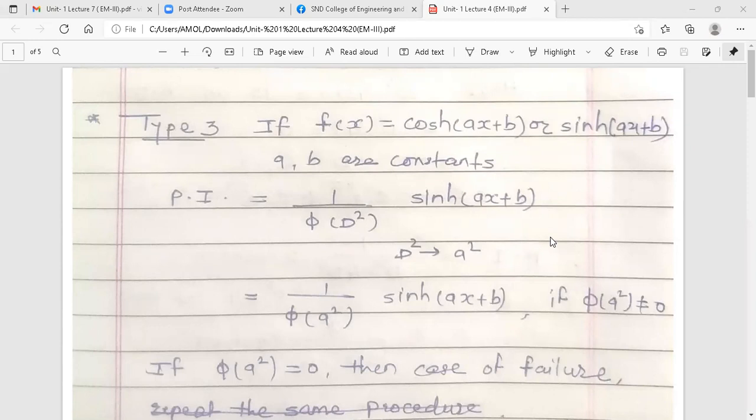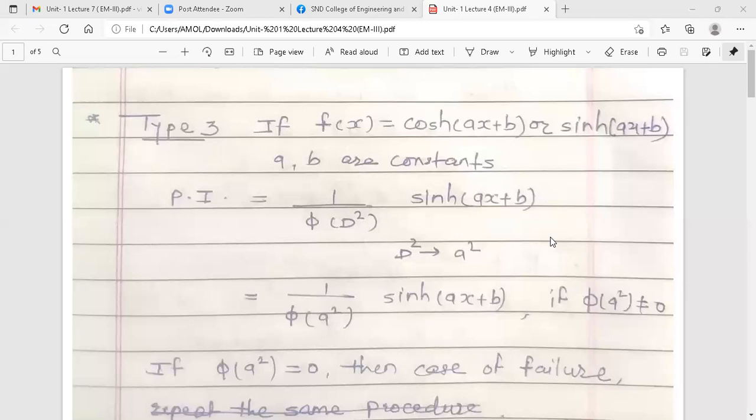So the type 3: when the function f of x is equal to cosh(ax+b) or sinh(ax+b), meaning a hyperbolic cosine function or hyperbolic sine function is there, where a and b are constants.